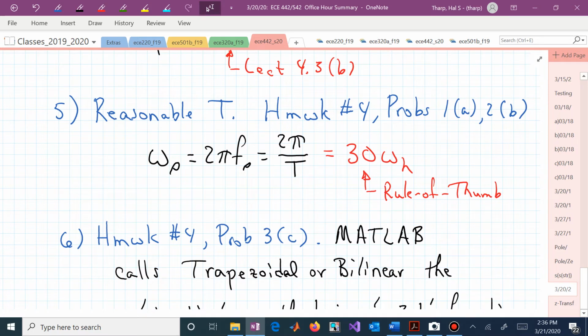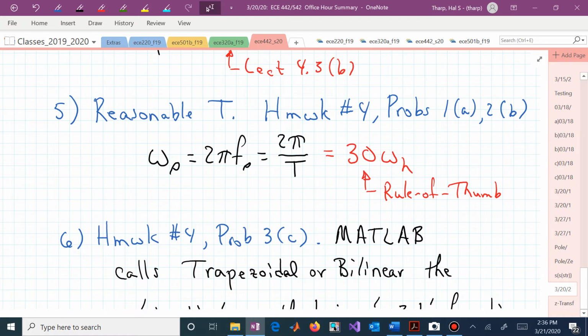Another question concerned what's a reasonable sample period, and that's asked in a couple of different places, at least in homework set number 4, problems 1a and 2b. It really boils down to this rule of thumb that we've established in this class: depending on what frequency is the highest in your system, that's what I'm labeling omega sub h here, you want to sample 30 times that.